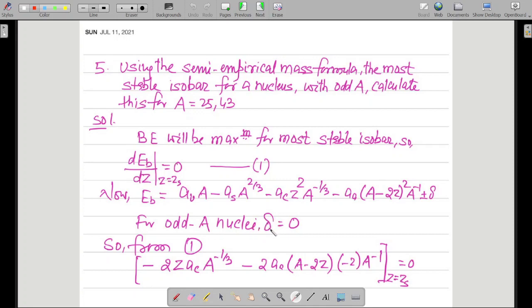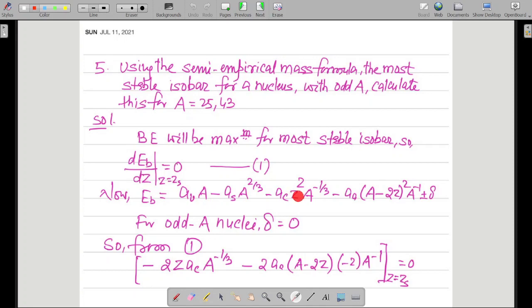From equation 1, what do we get then? We take this expression and differentiate it with respect to Z one time. You get something of this kind. This term and this term are independent of Z, so they will turn out to be 0.